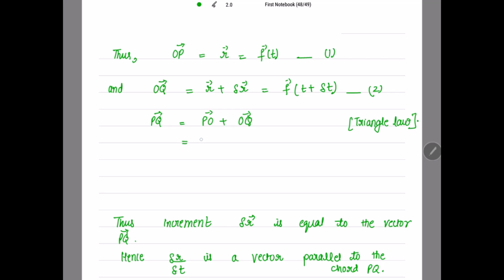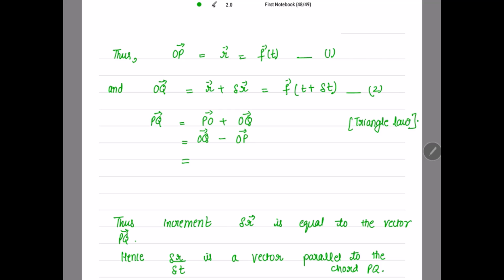I am writing OQ first. And instead of PO vector, I am writing minus OP vector, because I have the value of OP as equal to r. So I need to change this.